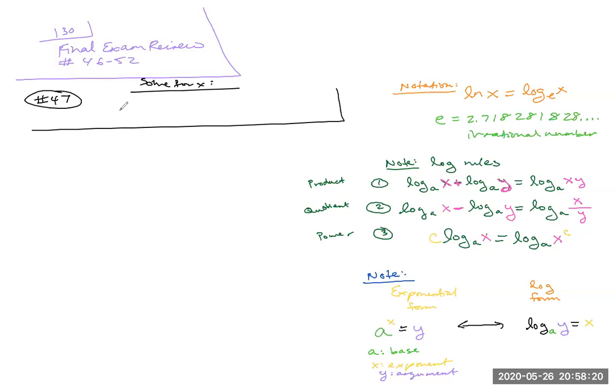And the equation given this time is log base 2 of x plus 4 equals 2 minus log base 2 of x plus 7.